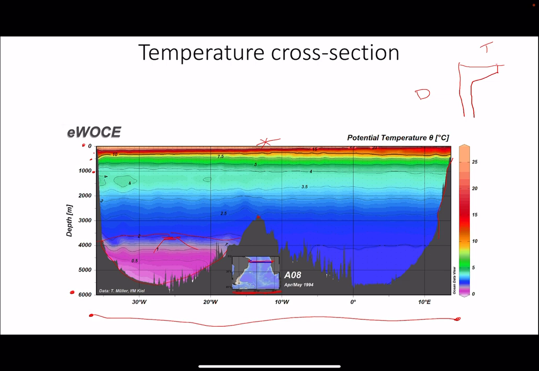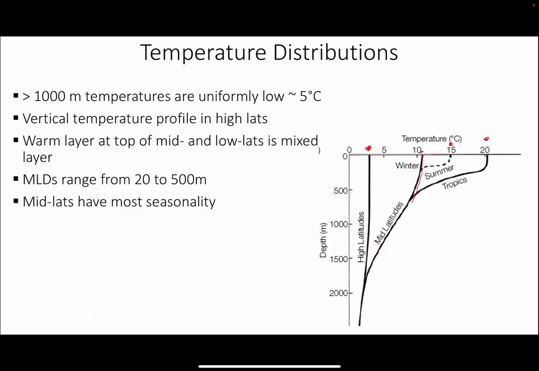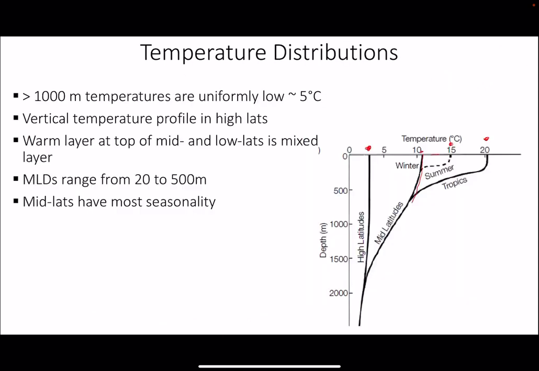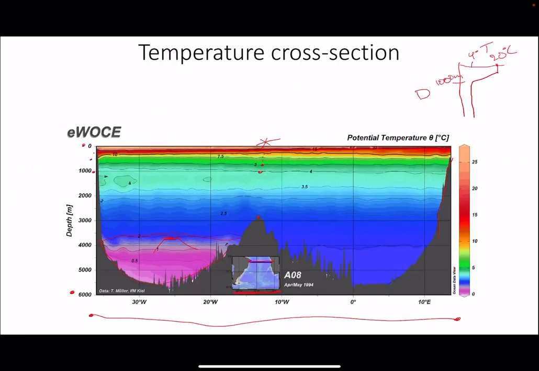So you would say that this was maybe, I don't know, it's sort of hard to tell, 20 degrees C. And then as you move down, by just under 1,000 meters, you've hit 5, and at 1,000 meters, you've hit about 4 degrees C. So here you would say that's 4 degrees C, and this would be about 1,000 meters. Okay, so this plot is related to this plot. So by looking at something like this, a cross-section, you should be able to draw for any given area what the depth profiles look like. Okay, so that's the end.